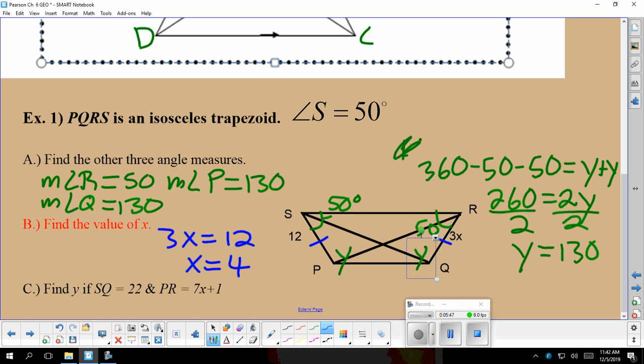So find x. I already used y. So find x if SQ, that whole thing, is 22, and PR is 7x plus 1. And then I saw these trapezoid diagonals are congruent.